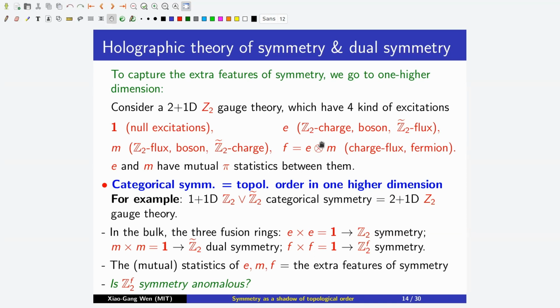And so naturally we have this conservation law. E has a mod 2 conservation, and M also has a mod 2 conservation. However, in the 2+1 dimensional Z2 gauge theory, E and M have a mutual pi statistics.